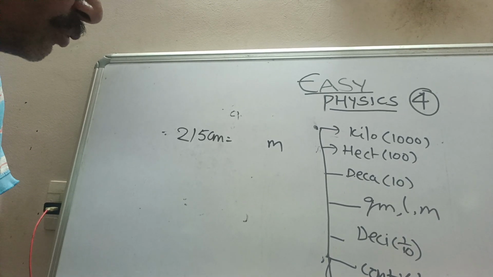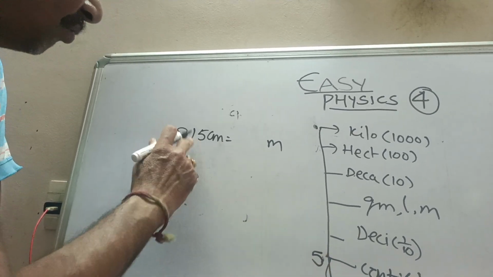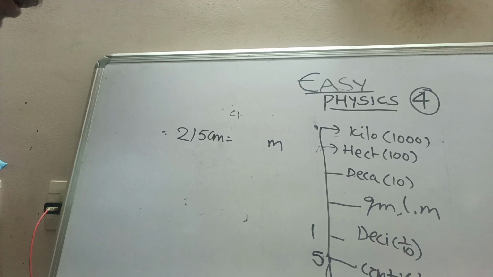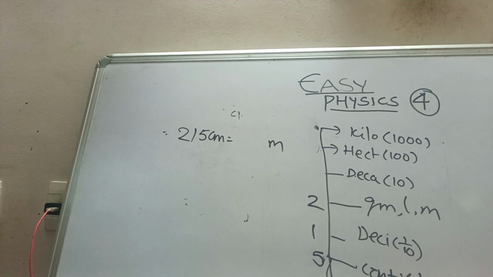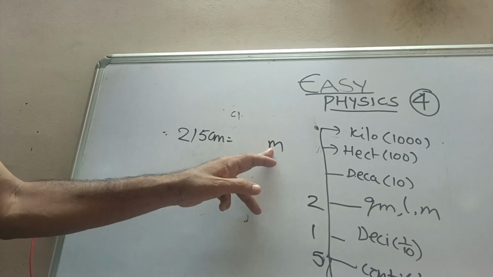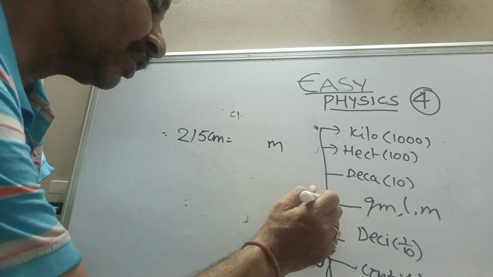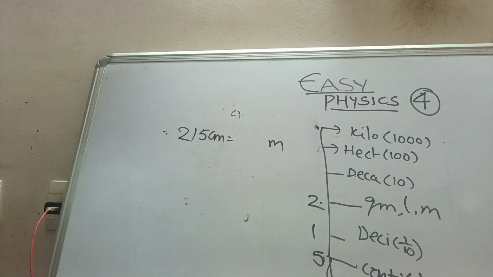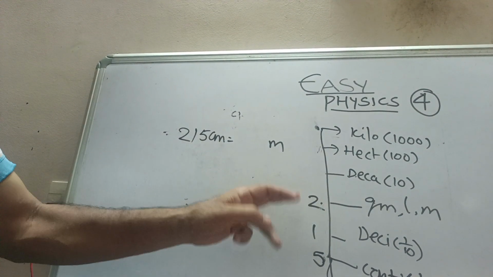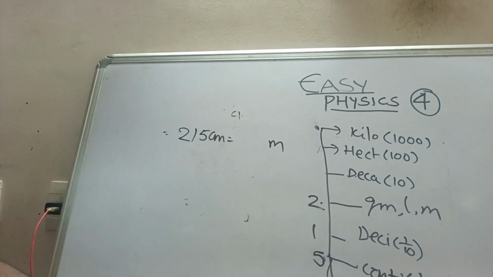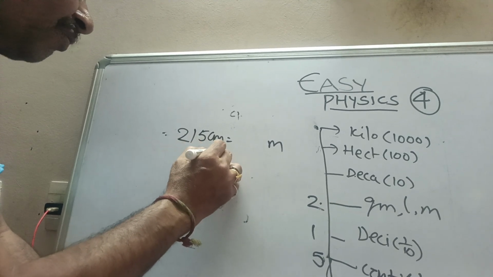So start with the centimeter, 5. 1 has to be kept at the decimeter, and 2 has to be kept at the meters. And you are supposed to convert into meters, so keep the decimal after the 2. So it is 2.15 meters.